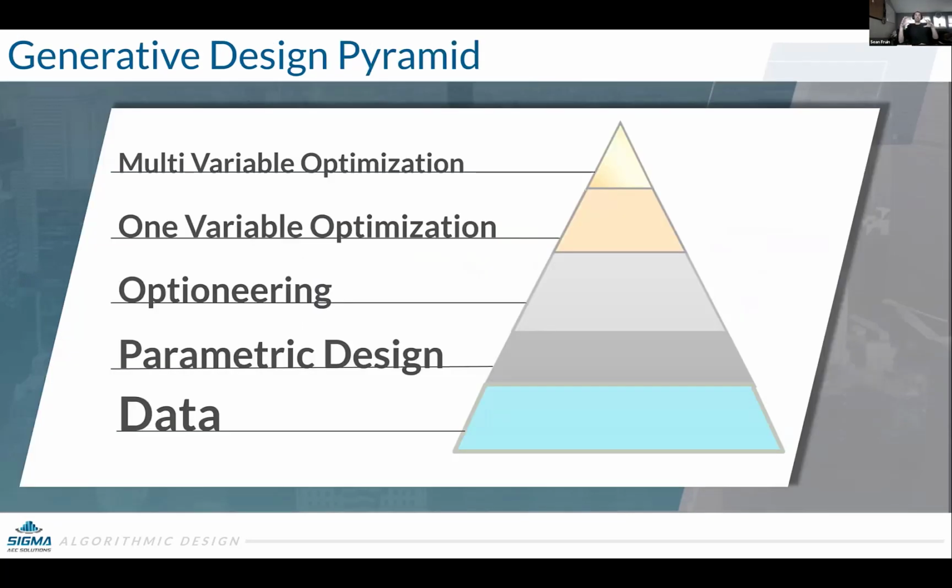And to me, it looks like this pyramid, right? You can't get to the top, where we're going, this multivariable optimization, without going through all these steps. So it's standardized data, super important. You have to start taking those problems, that knowledge, those engineering equations, and build parametric relationships with everything. And then you can get to optioneering, and we saw this with Project Fractal. Who remembers Project Fractal?